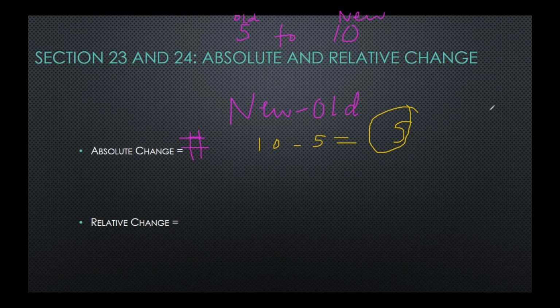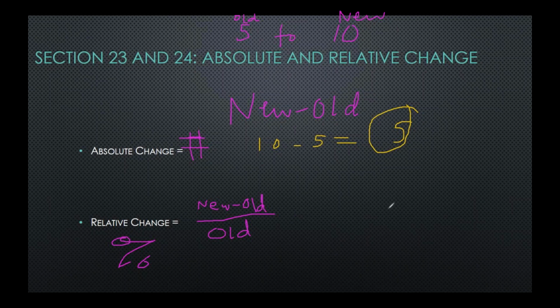Now, when you get to relative change, it is often talked about as a percent. So to find it, we're going to take our new value minus our old value, and divide by our old value. So we start as a fraction and change it to a decimal, then to a percent.